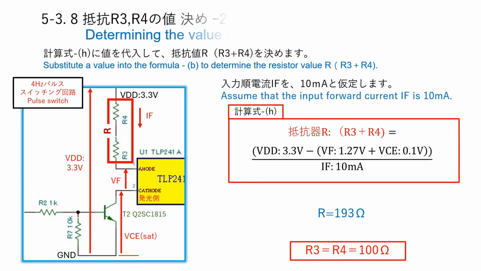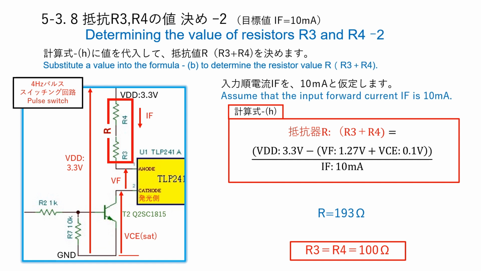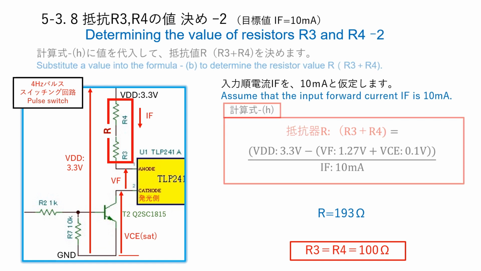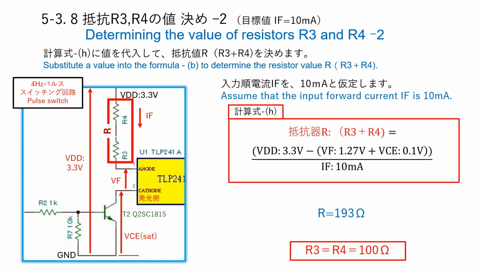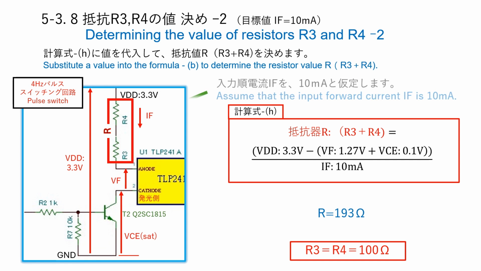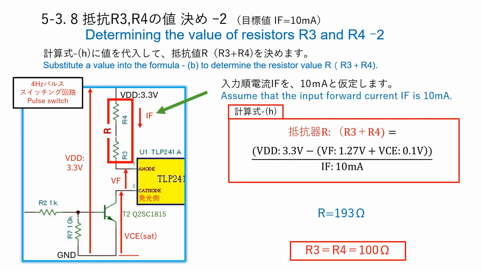5-3.8 Determining the value of resistors R3 and R4-2. Substitute a value into the formula, H, to determine the resistor value R3, R4. Assume that the input forward current IF is 10 milliampere. Power supply voltage, VDD 3.3 volt. Forward voltage, VF 1.27 volt.